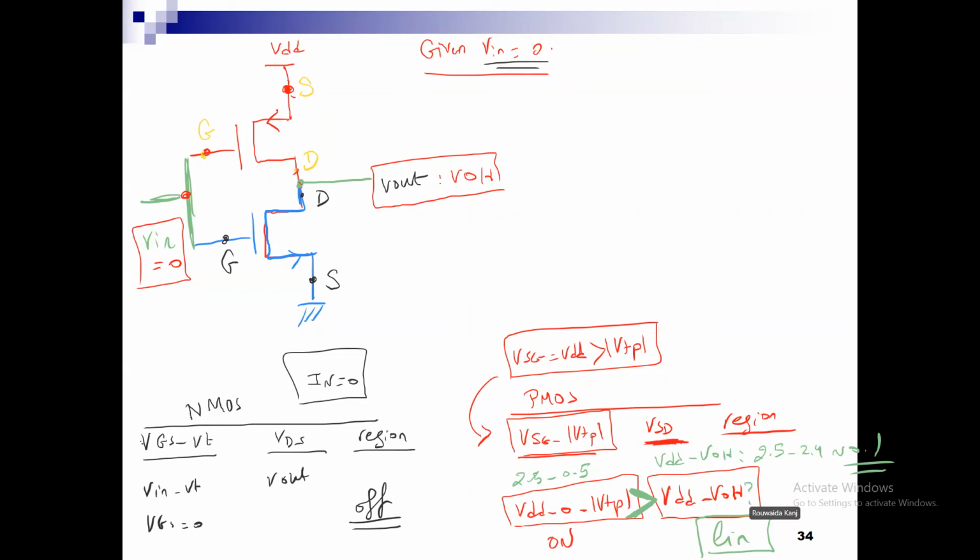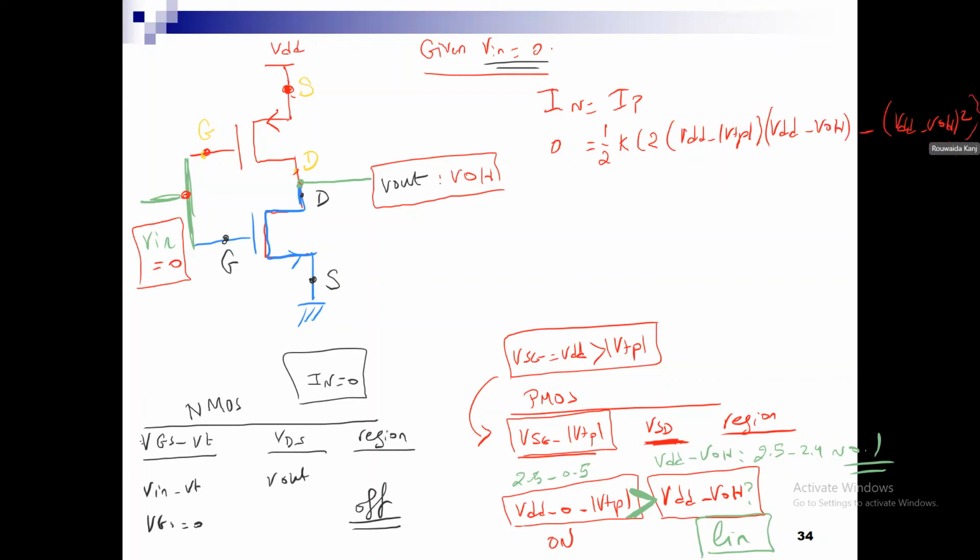To solve for VOH, what we typically do is say that IN equals IP by KCL. IN is equal to 0, and IP is half K times 2 times (VSG minus VTP), which is VDD minus VTP, times VSD, which is VDD minus VOH, minus VSD squared, which is VDD minus VOH squared.